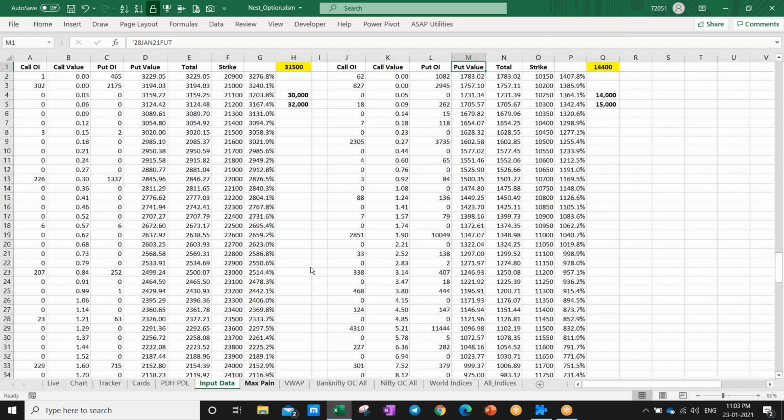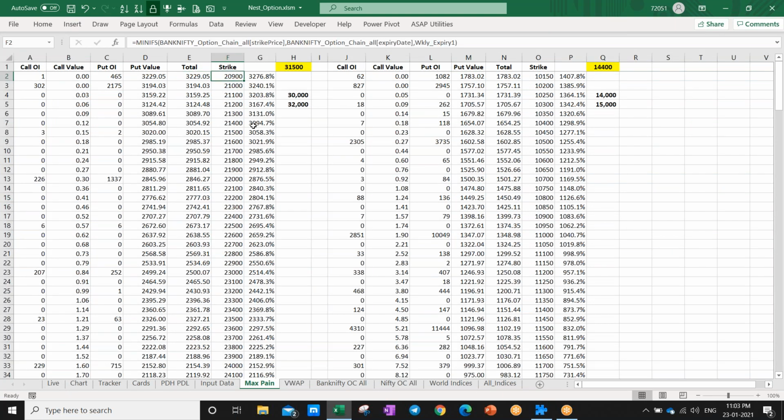And here for max pain, I have given the formula. Automatically the strike price will be picked up from the lowest value for the current expiry. But if you are using Office 2016, Office 2019 or below, then this may not work, so you need to update the lowest value manually. If you go to the option chain data on the NSE website, there you can see the lowest value.